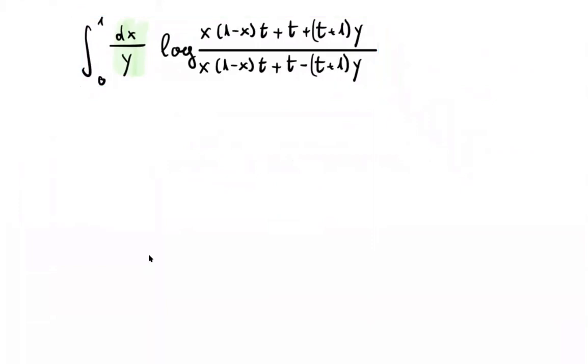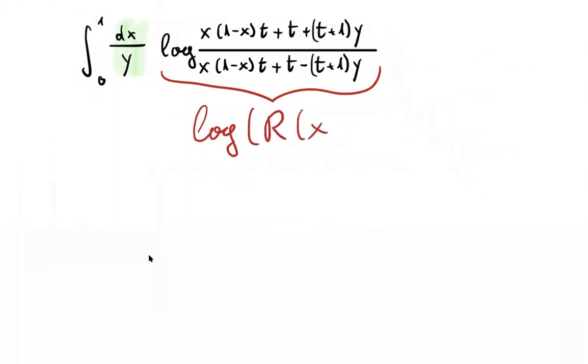So you see here that this is of the type, well, let's try to do this, log of some rational function in x and y. So that, we just said, is an elliptic polylog.